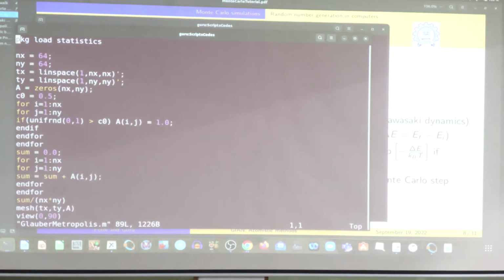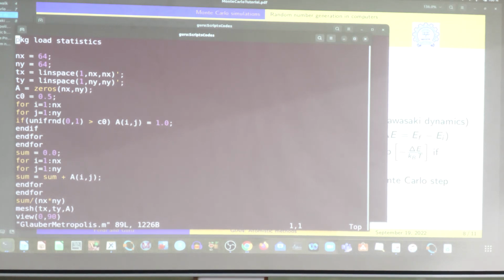So, again load statistics, because I think I have a uniform random number somewhere. Okay. So, that is just for that purpose. So, I am taking a 64 by 64 lattice. There are 64 x points, there are 64 y points, and I am creating a linspace which is nx by nx and ny by ny.